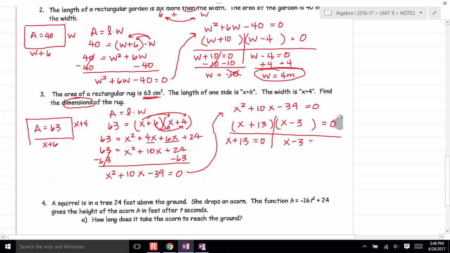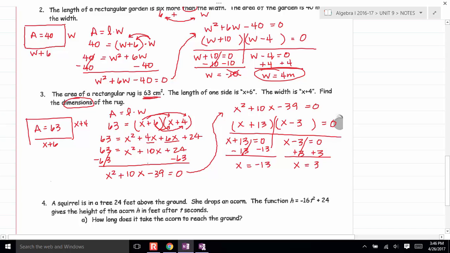And x minus 3 would be equal to 0. To get the x by itself, we're going to subtract 13. That gives us x equals negative 13. To get the x here by itself, we're going to add 3. So we end up with x equals positive 3.